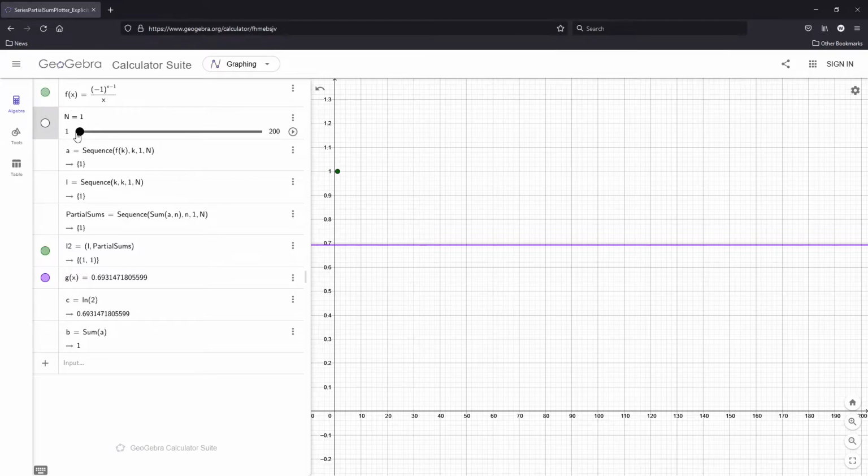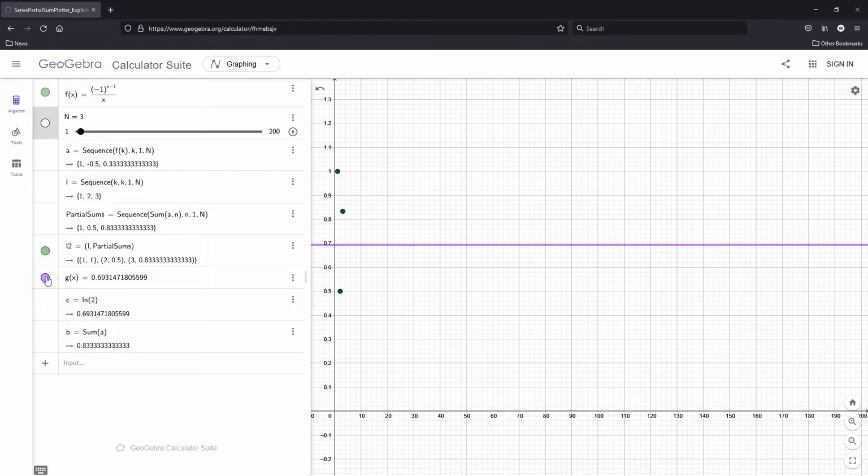The second partial sum is 1 plus negative 1/2, which is positive 1/2. The third partial sum is going to be .833333 because it's 1 plus negative 1/2 plus 1/3, and so on and so forth, all the way to infinity.